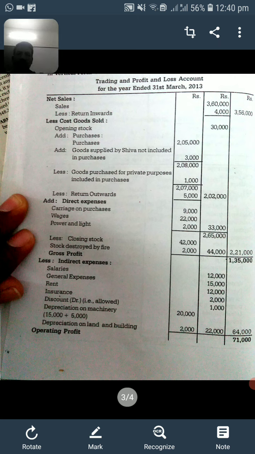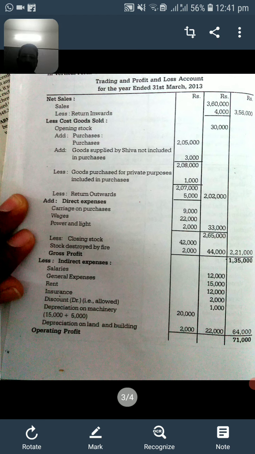In the problem they were given return outwards of rupees 5,000, so that should be deducted from purchases. So in the inner column, net purchases was 2,02,000.